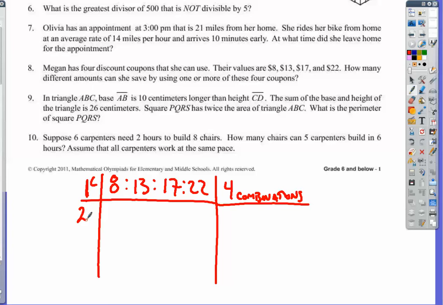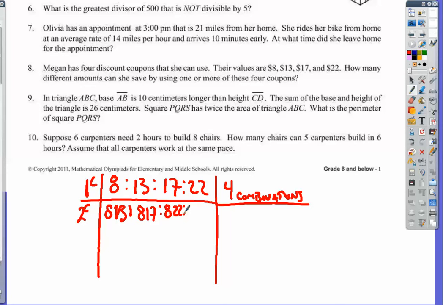All right, if I have 2 coupons, I can do 8 and 13. I can do 8 and 17. I've got 8 and 22.